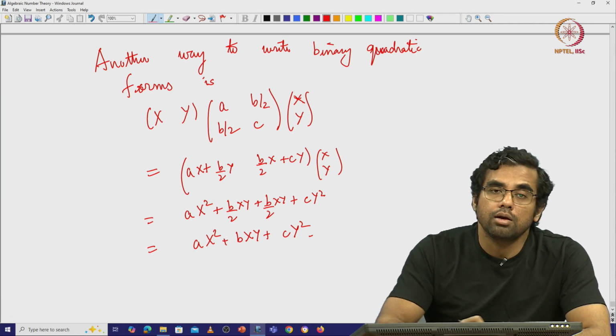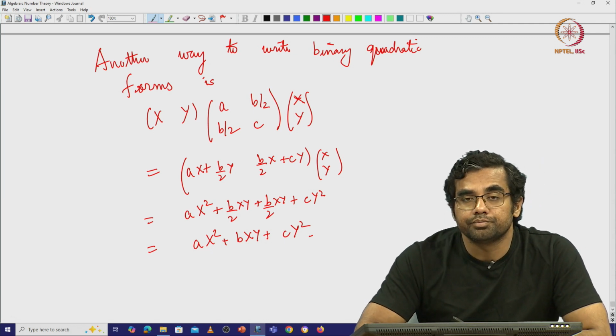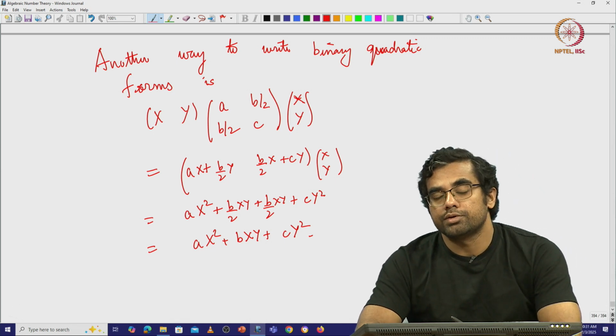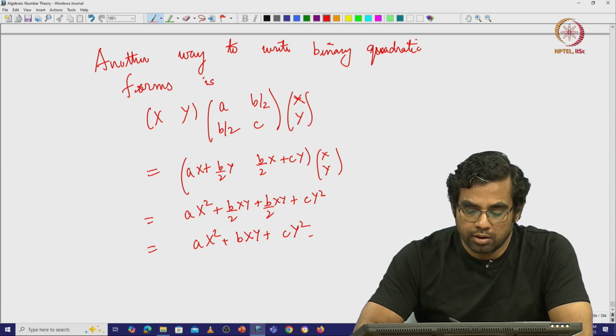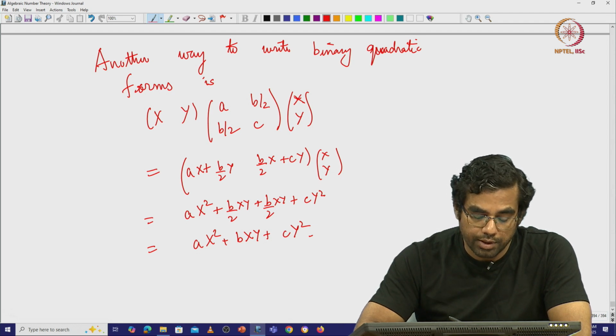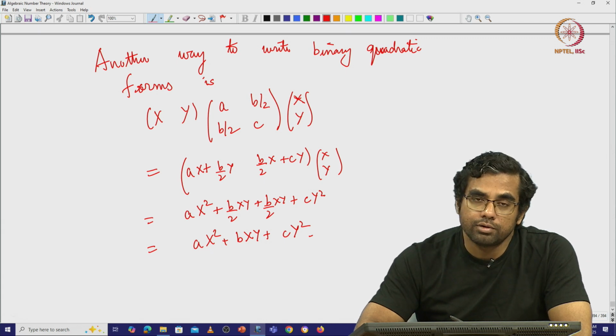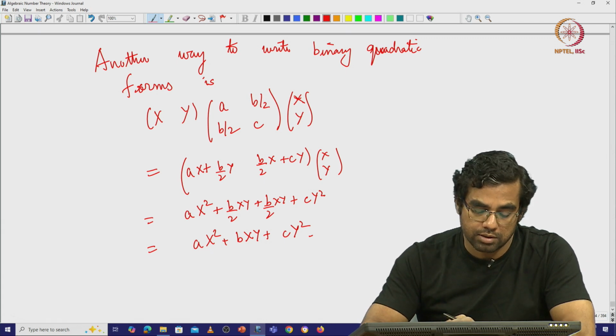So, you can think of these symmetric 2 by 2 matrices with coefficients in half of Z, at least the non-diagonal coefficients in half of Z, as binary quadratic forms also. The advantage of looking at it this way is the following.